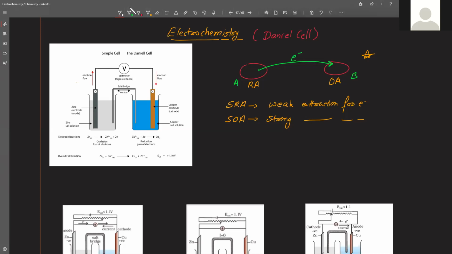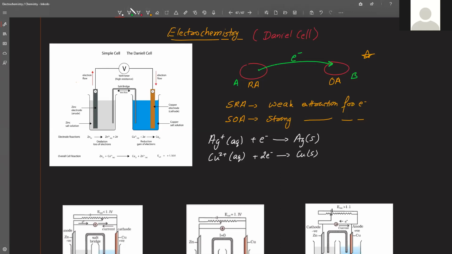For example, Ag+ aqueous will take one electron and become Ag solid. In the same way, Cu2+ in its aqueous solution will take two electrons and become Cu solid.